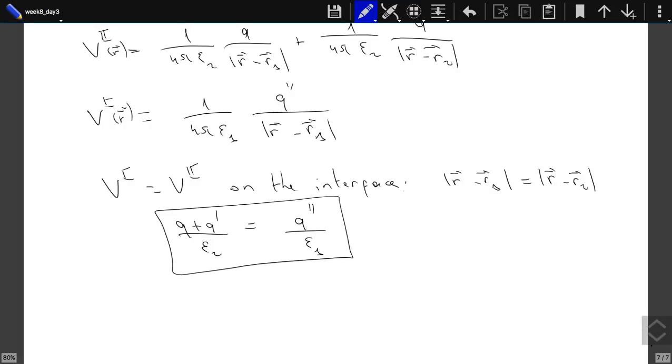Then next thing, there are no free charges. So D, the displacement field, the perpendicular component has to be continuous. So that tells me that epsilon 1 del V1 by del Z should be equal to epsilon 2 del V2 by del Z on the boundary.